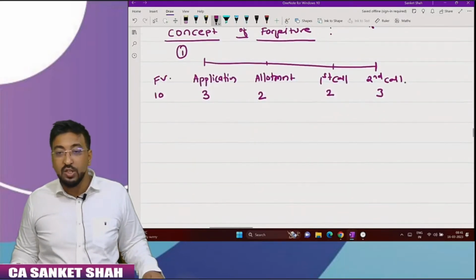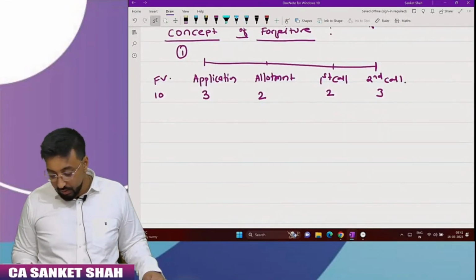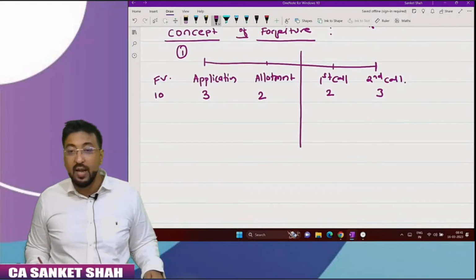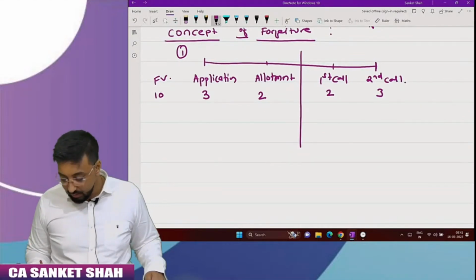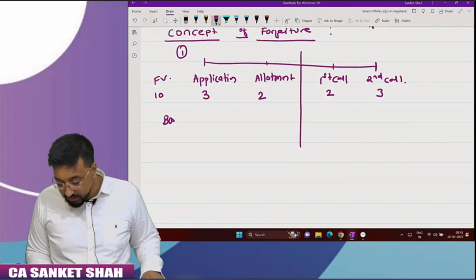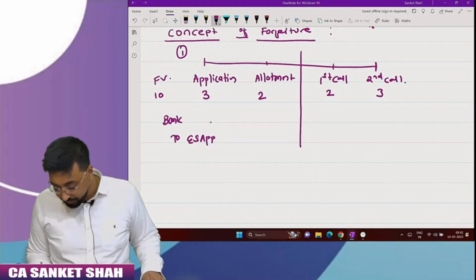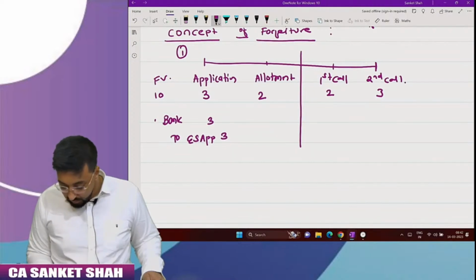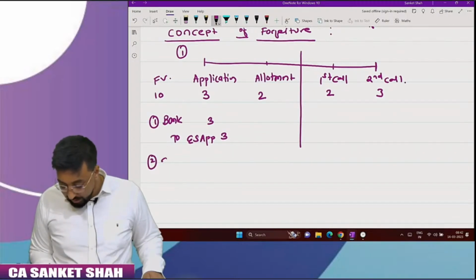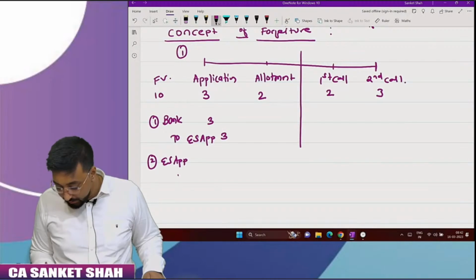Suppose one shareholder, he paid application and allotment money. So what is the entry for application? See, bank account debit to equity share application, and equity share application account debit to equity share capital 3.